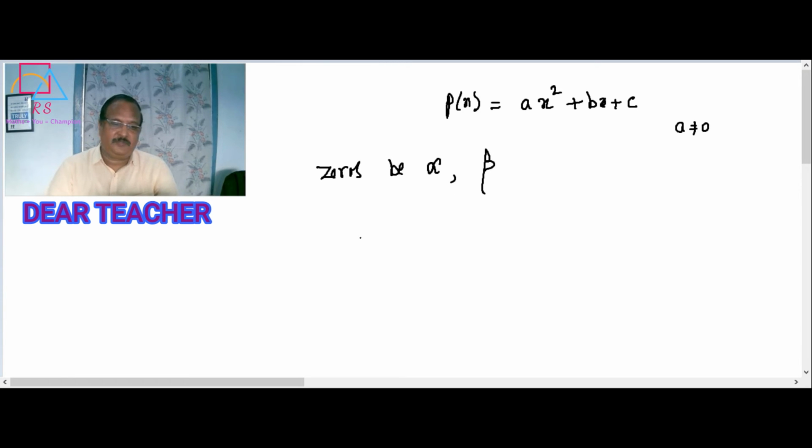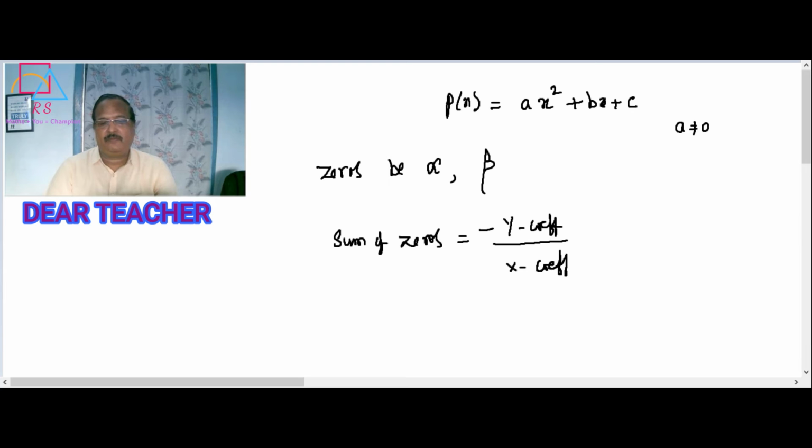The first relation is that the sum of zeros is equal to minus y coefficient by x coefficient. What is the y coefficient here? It is b. So minus b by the x coefficient, a.